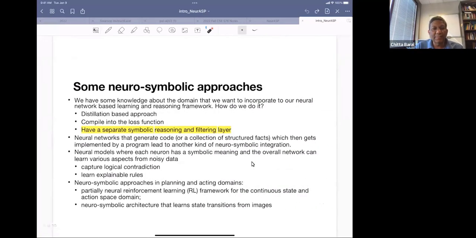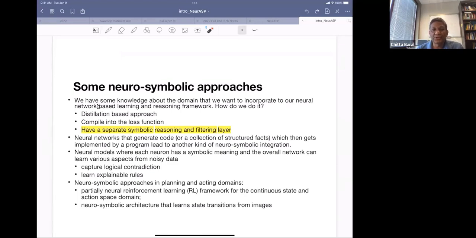So let me recap my view of various neurosymbolic approaches. So the first bullet is aimed towards people who come from a purely machine learning background, that when you are doing machine learning from data, you may have some knowledge and you don't want to learn from scratch all the time. So how do you incorporate that knowledge? There are several ways of incorporating that knowledge. There is an approach called distillation.